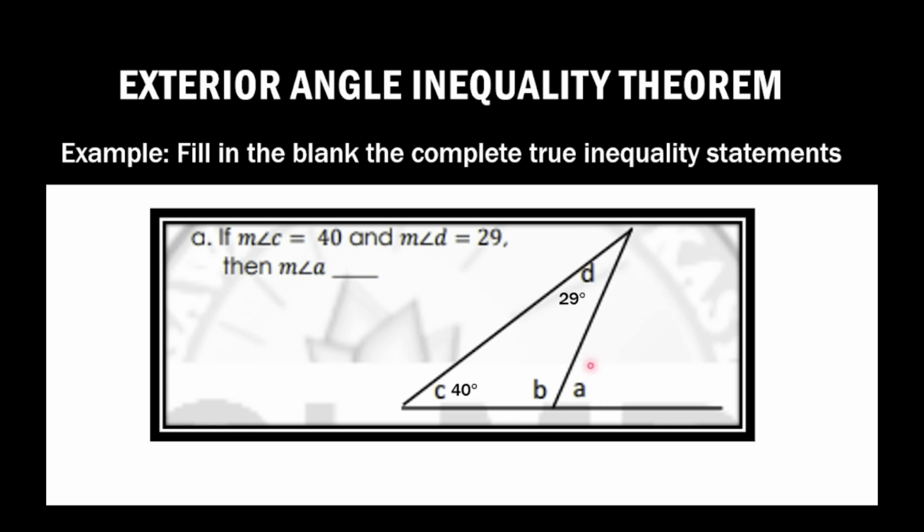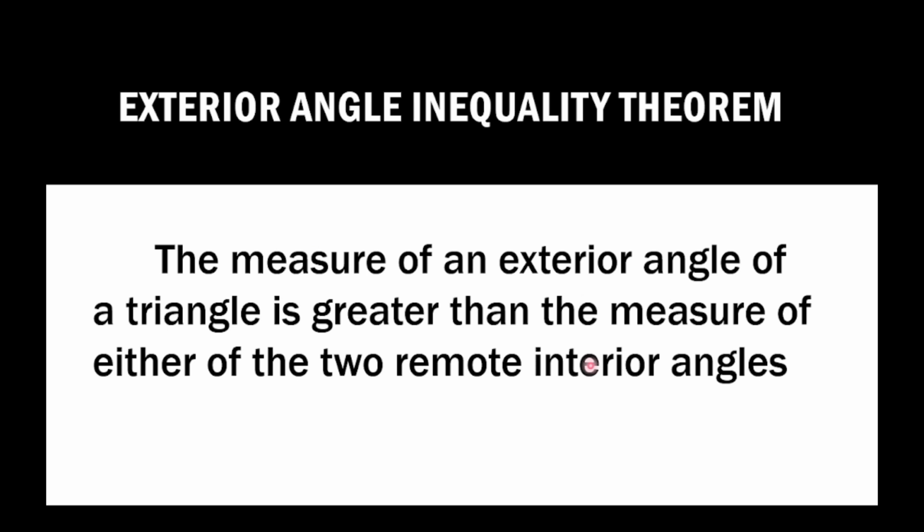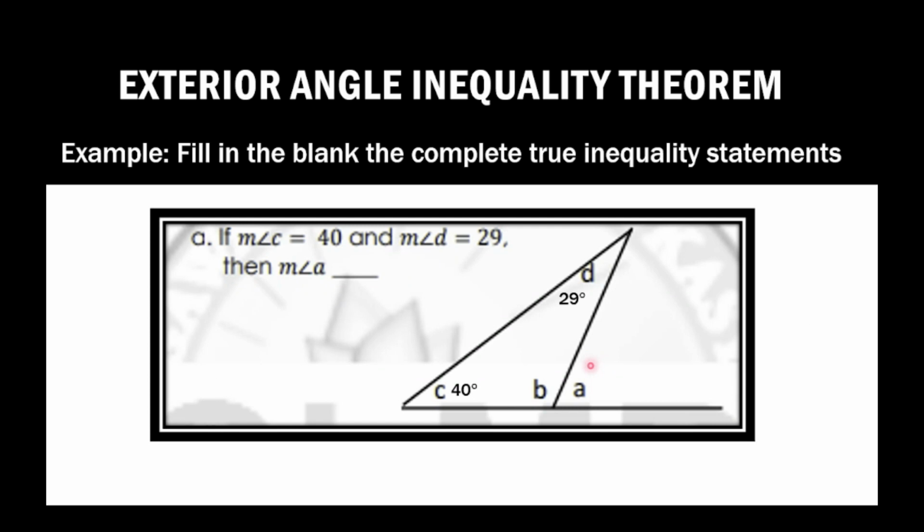And based on our definition of exterior angle, the measure of an exterior angle of a triangle is greater than the measure of either remote interior angle. So the measure of angle A is greater than the measure of angle C, and the measure of angle A is greater than the measure of angle D, which is 29.